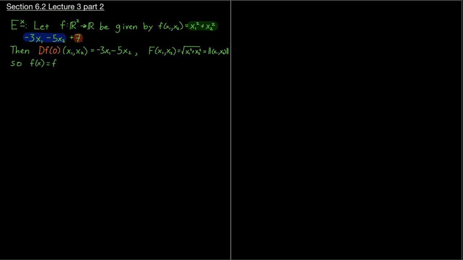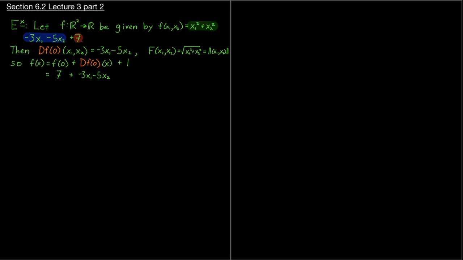F of x is f of 0, which is 7, plus df of 0 of x, that's our minus 3x1 minus 5x2.